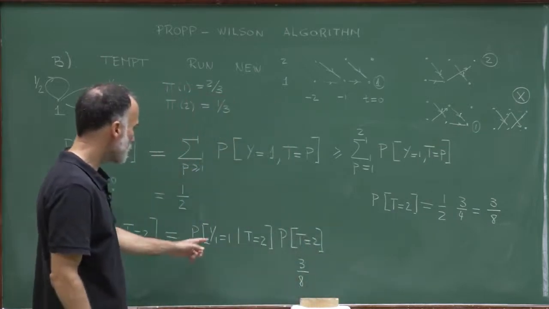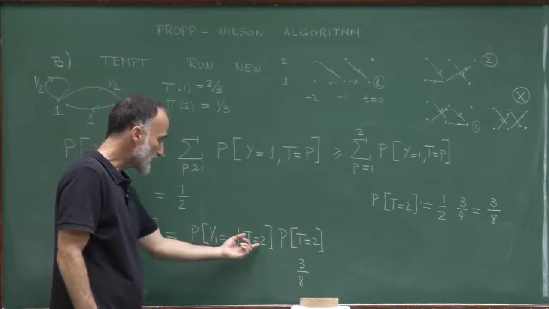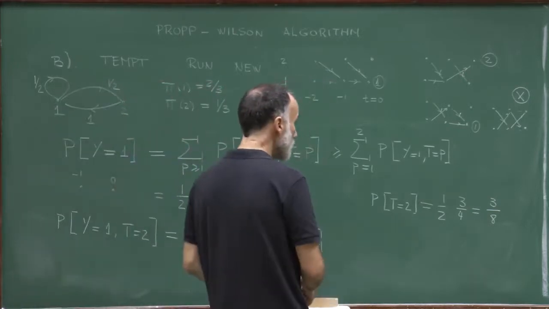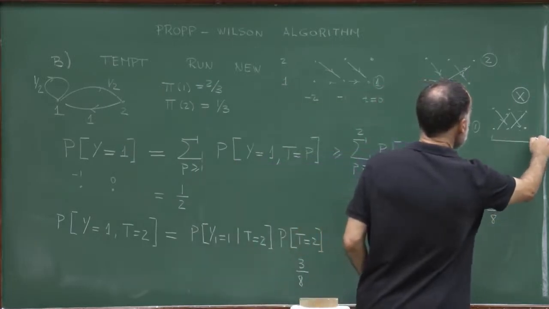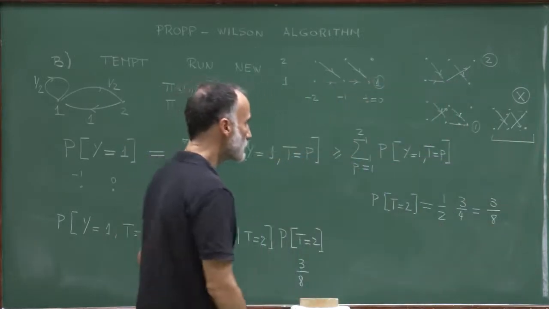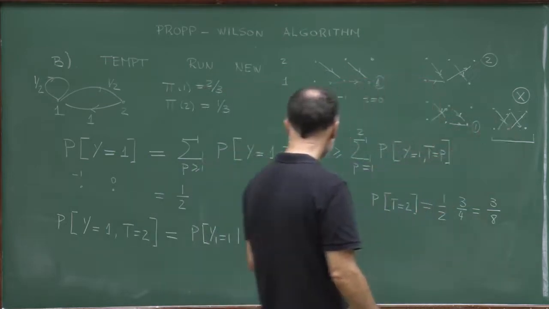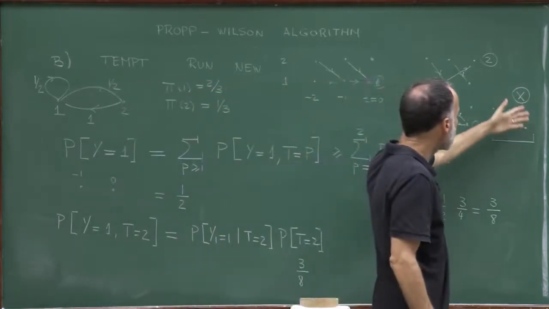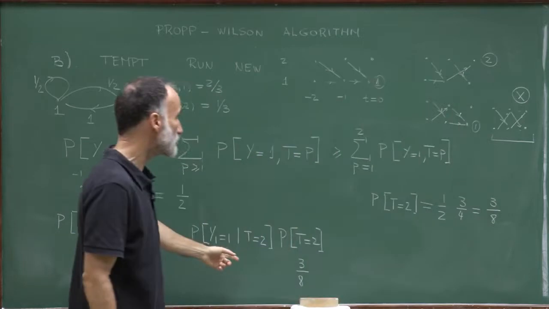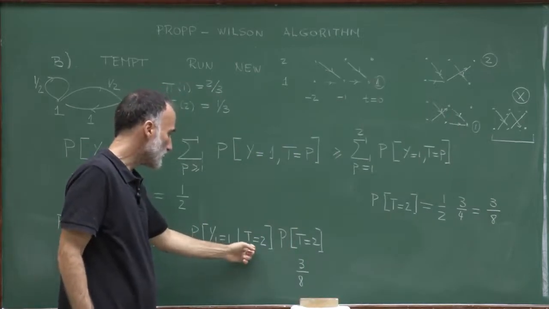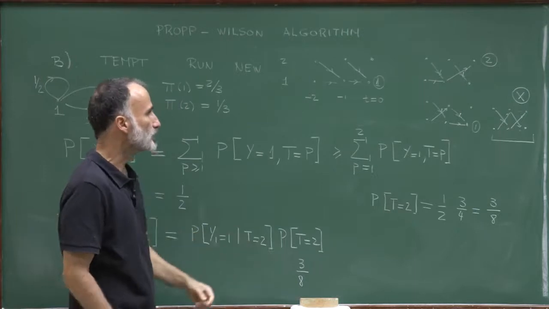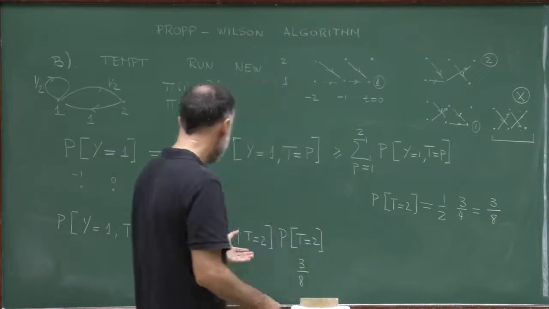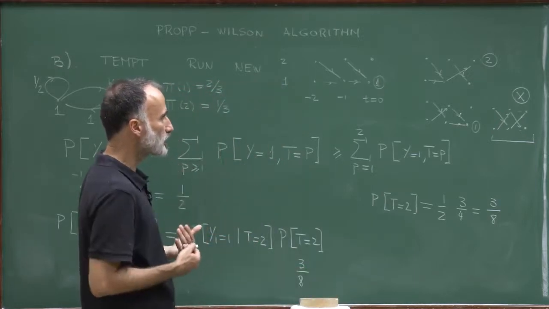Now I have to compute the probability that the output is 1, given that t is equal to 2. Given that t is equal to 2, I know that this event did not occur, because in this event there is no output, and therefore it's excluded by the fact that I'm conditioning on the event that the output is produced at stage 2. And since the output is produced at stage 2, I don't care what happened at stage 1.